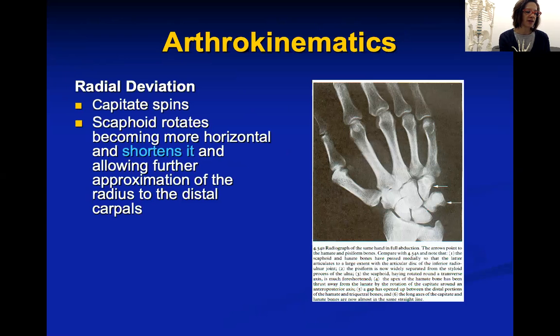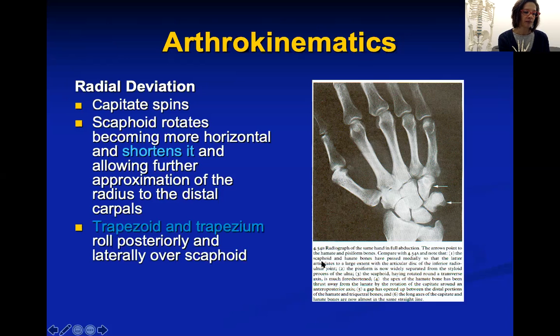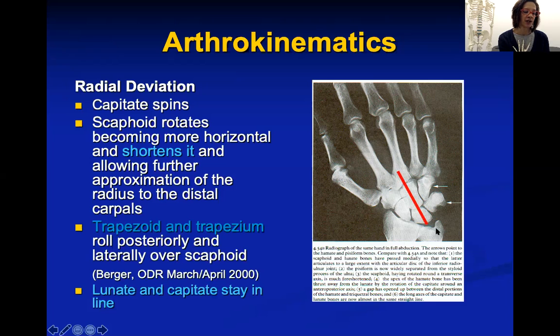If you see this explained in your notes, when they talk about the scaphoid shortening, obviously it's a bone, it doesn't shorten, but it'll appear more horizontal on an X-ray. And then you get this line between the third metacarpal, the capitate, and the lunate. They should all show up in a line.